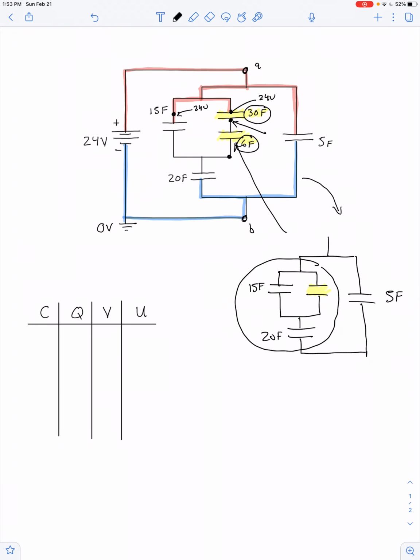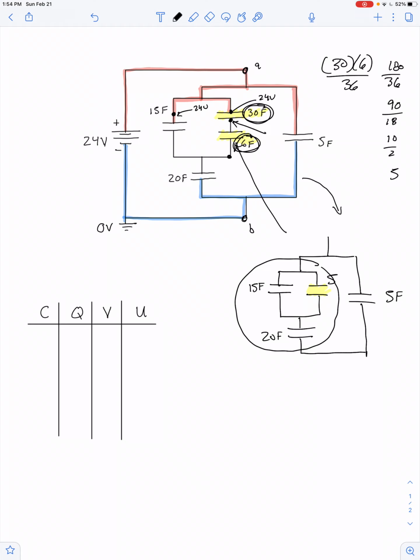Well, these two are connected in what? Series, right? And the rule for series, as long as you're just connecting two of them, is it's equal to the product over the sum. So 30 times 6 divided by 36 gives us 180 over 36, gives us 90 over 18, gives us 10 over 2, oh yeah, 5.